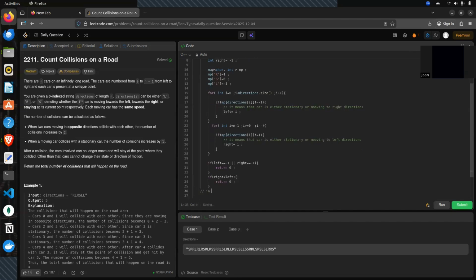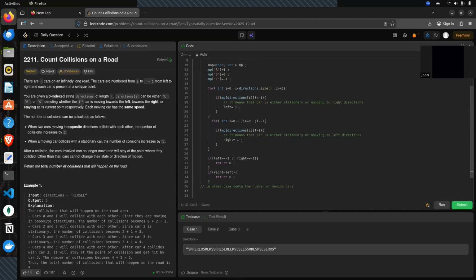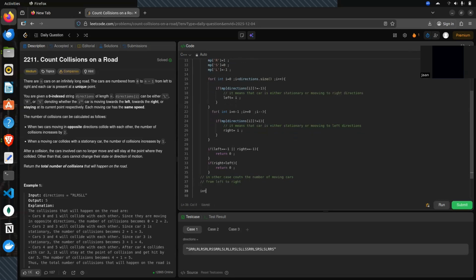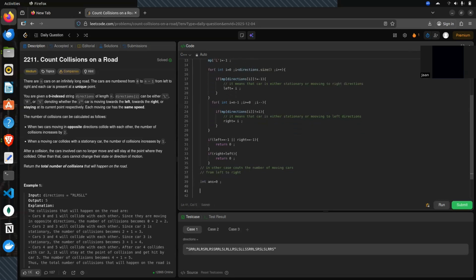In other cases, count the number of moving cars from left to right. Int answer equal to 0.